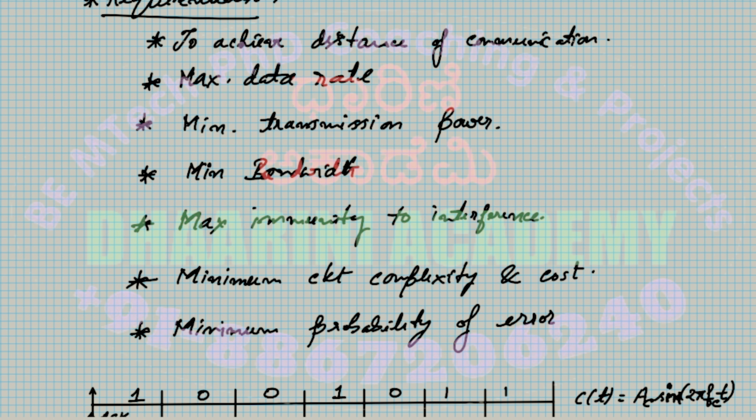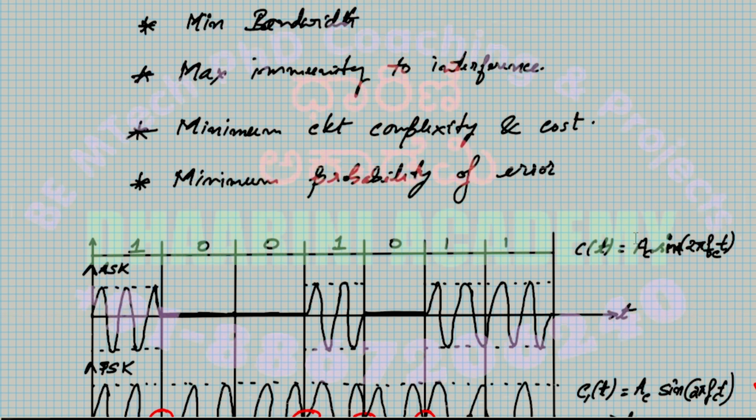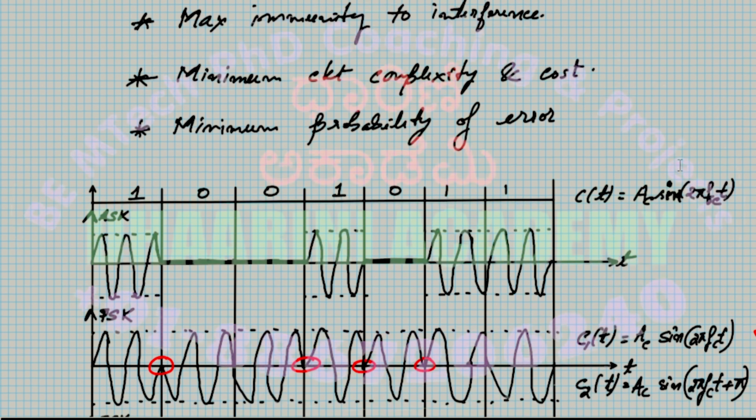So the next point is to maximize this immunity. Then minimum circuit complexity and cost. Everything you want to achieve comes at a cost, but you always want to minimize it, and you don't want a very complicated circuit. You want to keep it as simple as possible. Then this is very important: let's say we achieve all of the above somehow. But at the same time, on the receiver side there should be very little error. The chance of making an error should be less. That's what we call minimum probability of error.